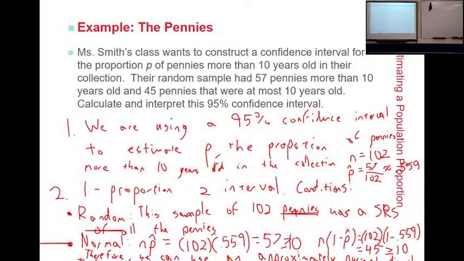If they want to test your knowledge of the conditions being violated, they will usually ask a question like, one of these conditions for doing a confidence interval is violated. Explain which one it is and why. Or it might ask you to check that the conditions for doing a confidence interval are met. And then that starts to bring into question whether the conditions are going to be met.